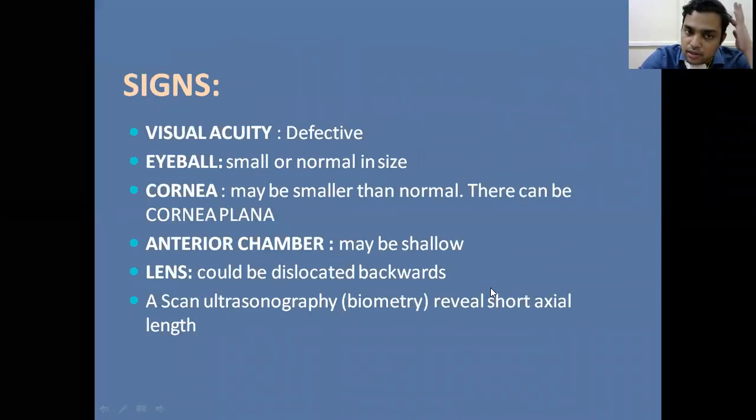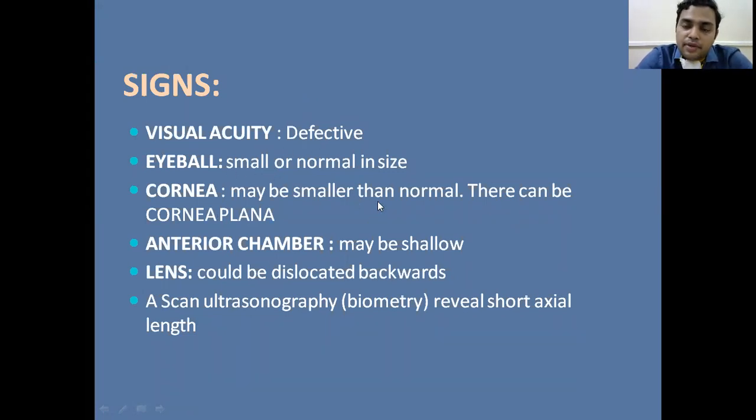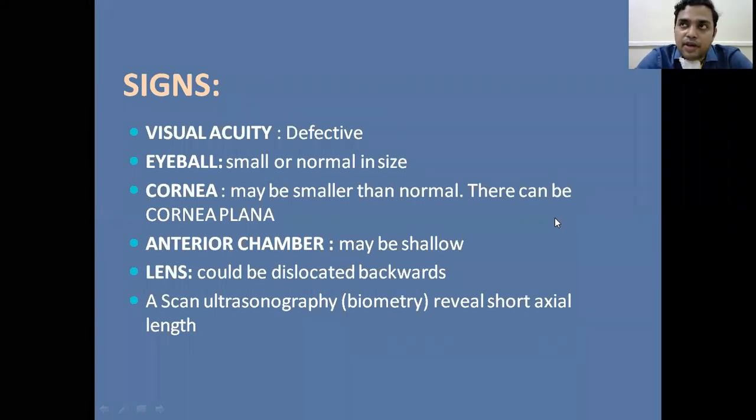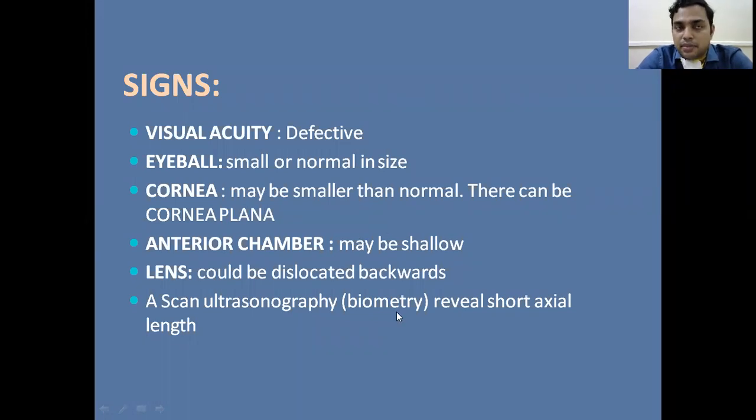Coming to the signs, visual acuity is defective and the eyeball is small relative to the normal sized emmetropes. The eyeball is relatively small, and the cornea may be smaller when compared with a normal person. There may be flattening of the cornea, that we call cornea plana, and the anterior chamber is shallow.